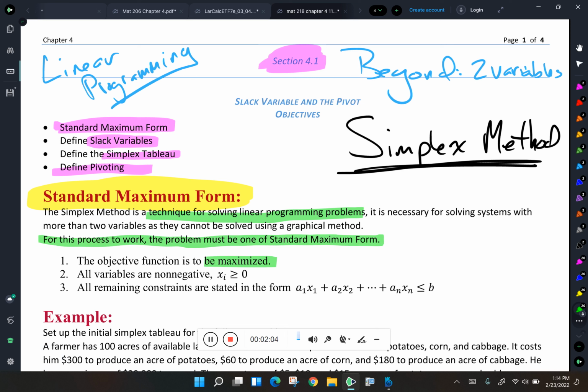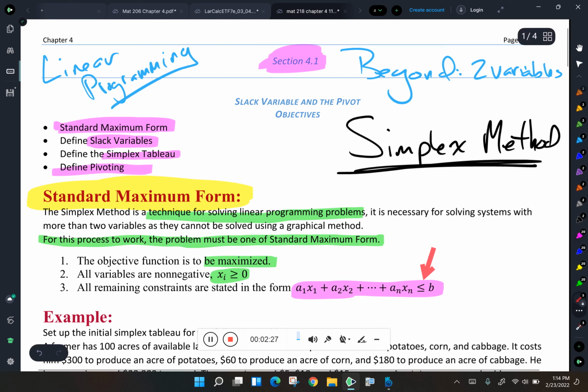The minimization problems are trickier, and they require a little tweak to the simplex method, so we'll take a look at that later. All of the variables have to be non-negative, so the non-negative conditions absolutely must apply, and all of the constraints have to be able to be written as this. Basically, the important part is that the inequalities have to be written in a less than or equal to form.